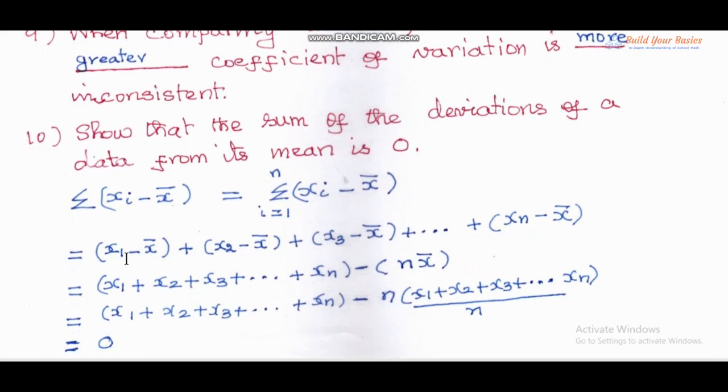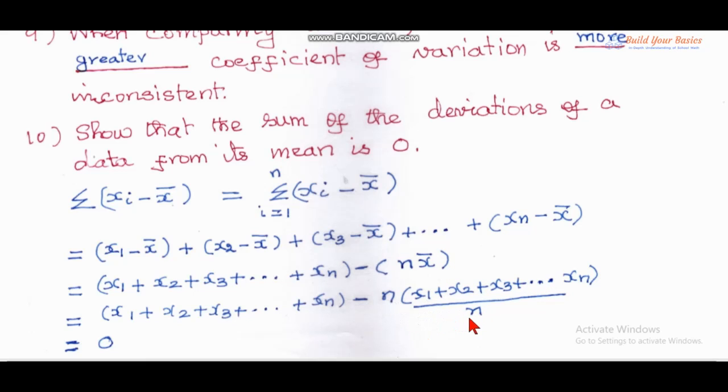That's equal to collecting the first terms of each bracket, x1 plus x2 plus x3 plus dot dot dot plus xn, minus collecting the second terms from each bracket, x bar plus x bar plus x bar plus dot dot dot n times, that is n x bar. That's equal to x1 plus x2 plus x3 plus dot dot dot plus xn minus n into what is x bar, x1 plus x2 plus x3 plus dot dot dot plus xn whole divided by n.